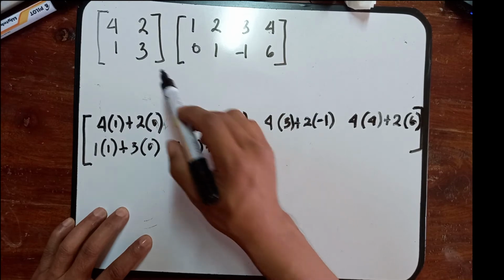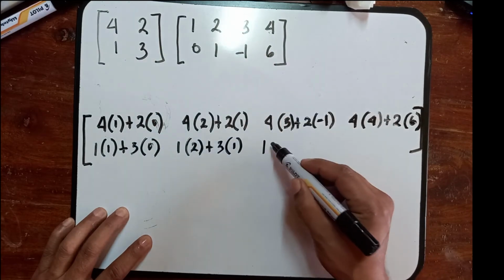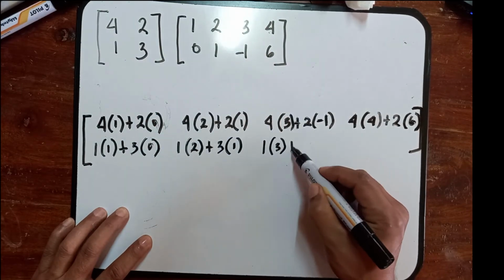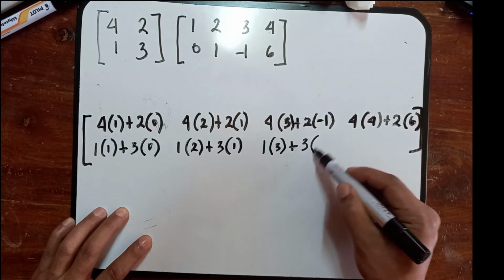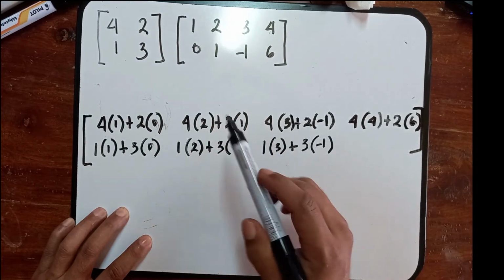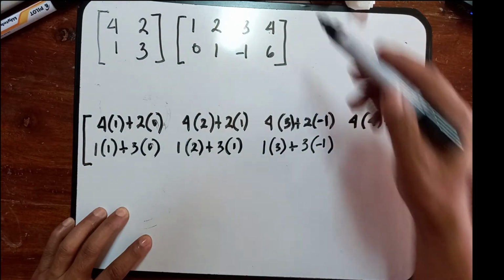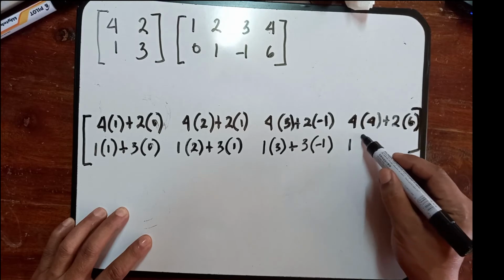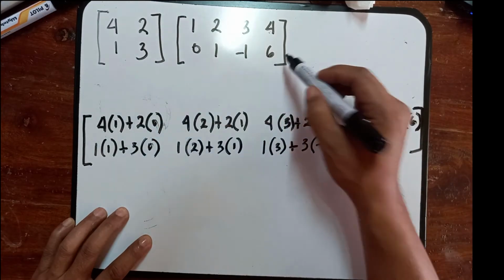Let's move here: 1 times 3 plus 3 times negative 1. And then let's move here: 1 times 4 plus 3 times 6.